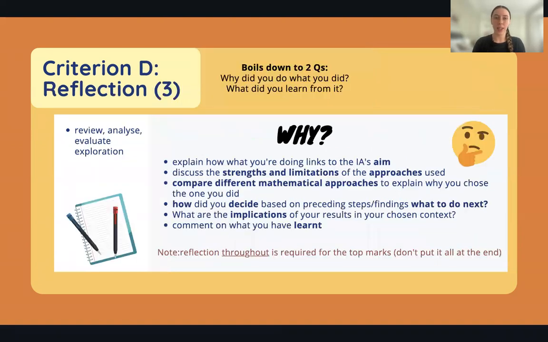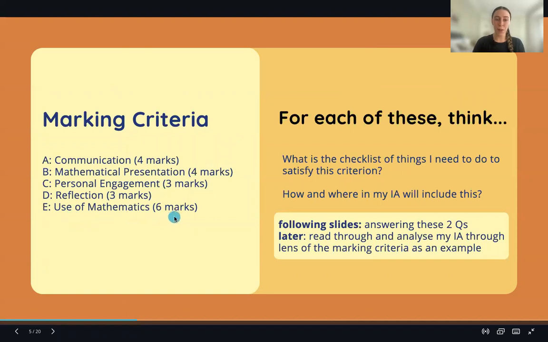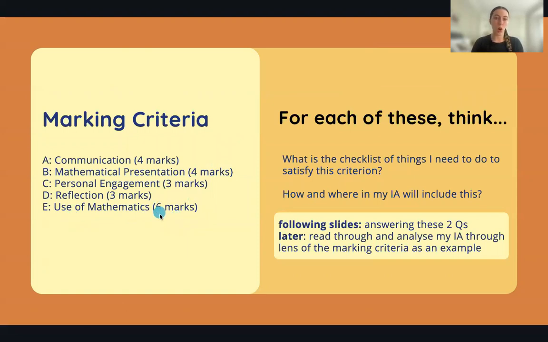And oh yeah, the other thing I wanted to say is if we go back up here, we can see that the use of mathematics accounts for 6 of the marks in the IA. Overall, all of the others account for much more.